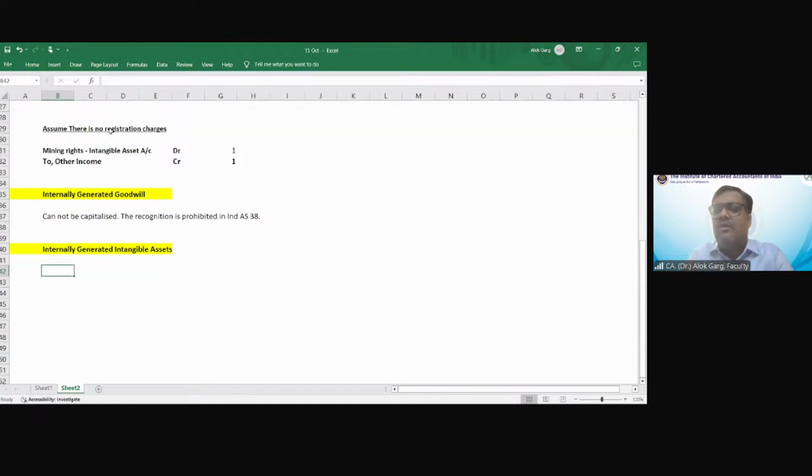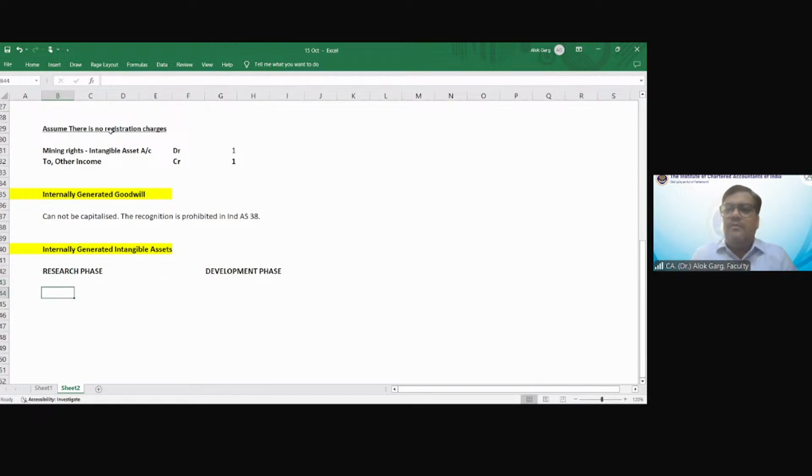So friends, there are a lot of internally generated intangible assets. Standard says that an internally generated intangible asset has generally 2 phases, research phase and development phase.